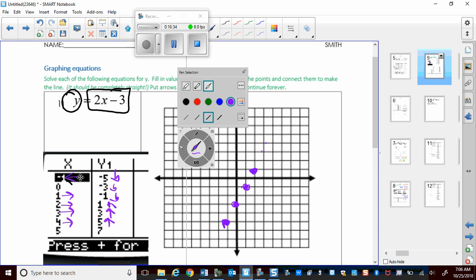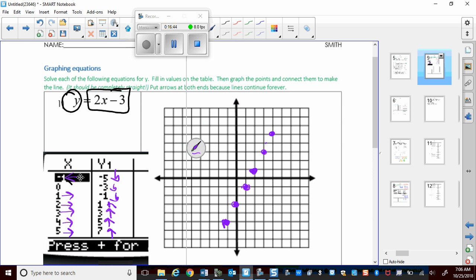Let's correct that. There's 1 point. Right 4, up 5. Last set of points, right 5, up 7.